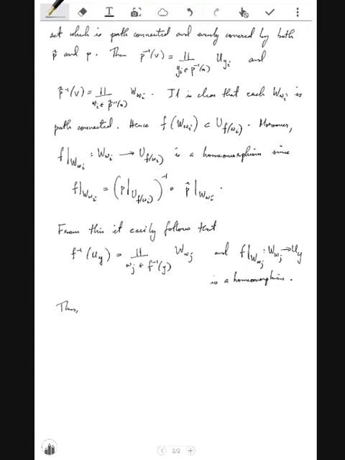Thus, for each y in Y, we have produced an open neighborhood which is evenly covered by f. Thus, f is a covering.